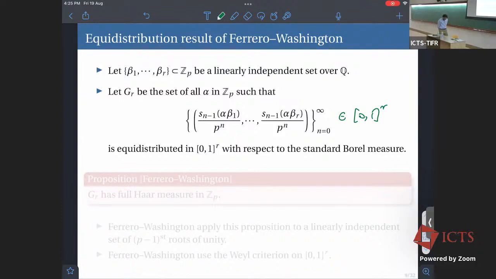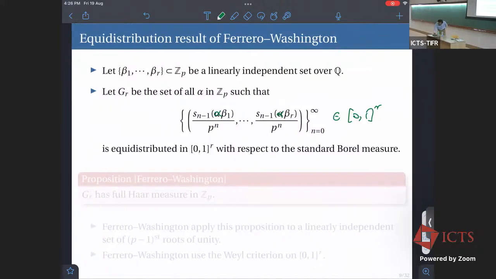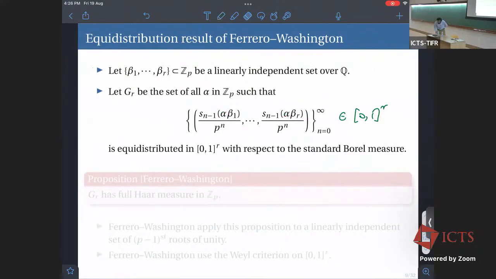And I'm looking at the set of alpha in Z_p with the property that this tuple is equidistributed. So I want to look at G_r as the set of all alpha where this tuple is equidistributed in [0,1]^r.